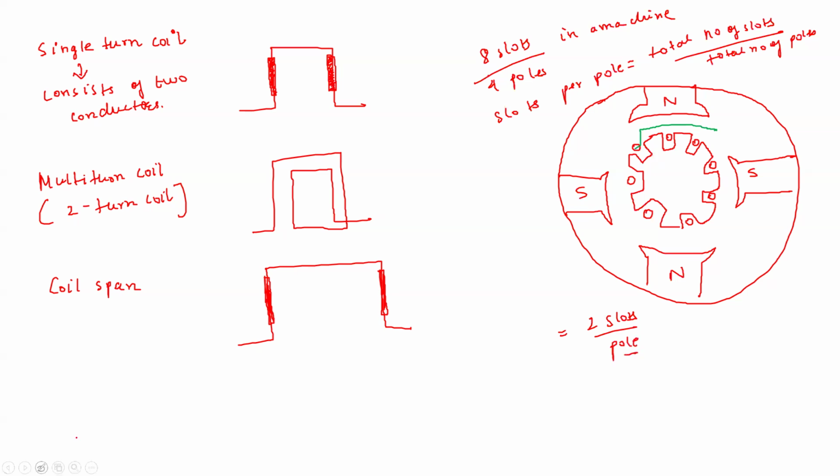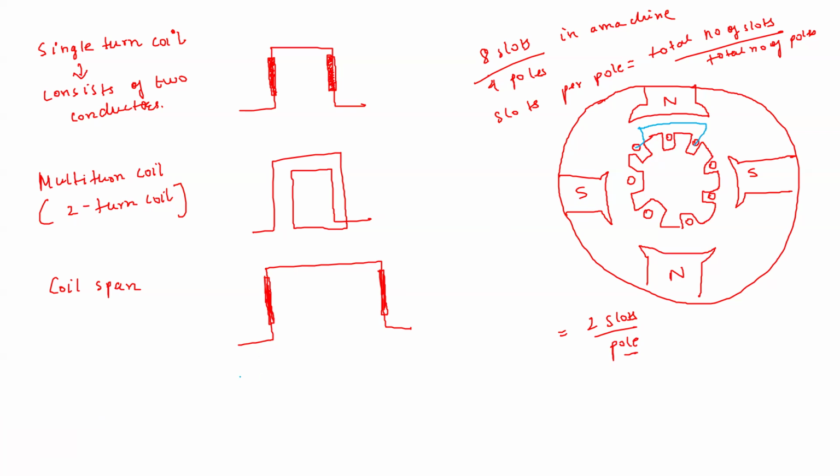Now if I have to place this coil, I will start here, then because there are 2 slots only, slot 1 and slot 2, it is over in the North Pole, then I will place it here. This is how I will place.